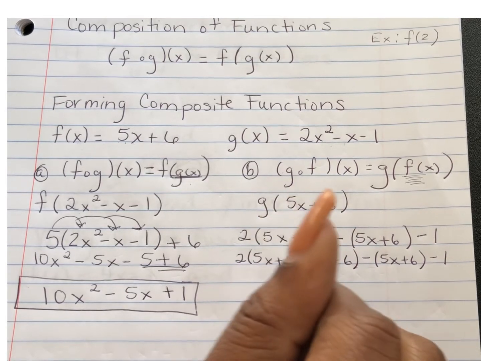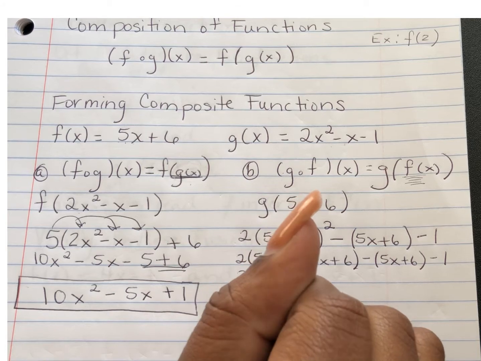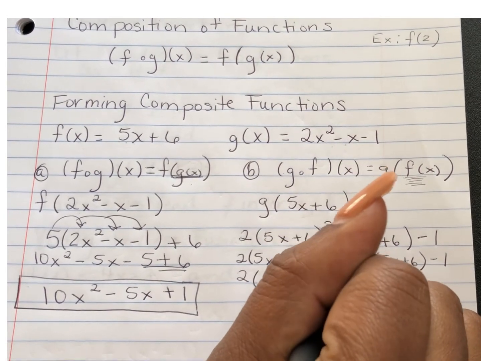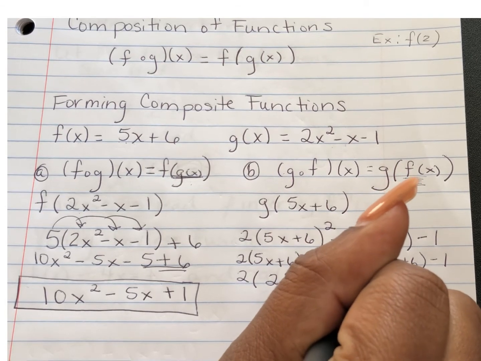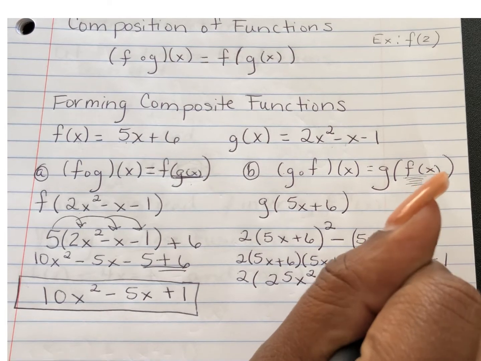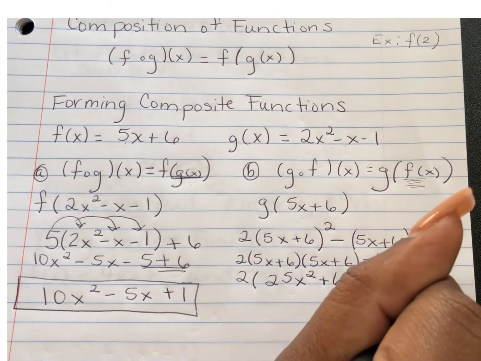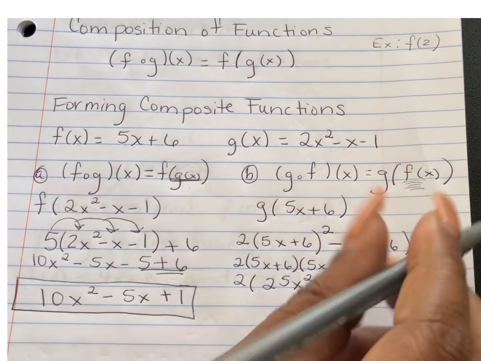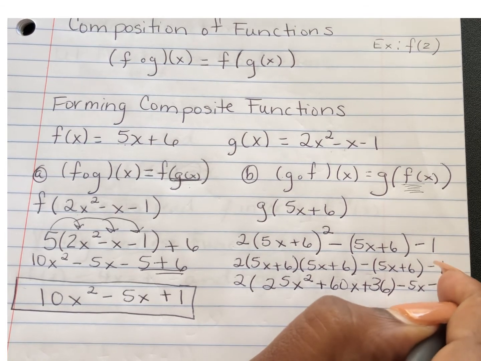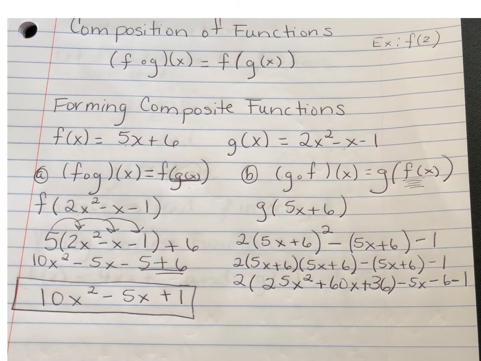When we FOIL these two out, we get 2 times 25x squared plus 60x plus 36, minus 5x, minus 6, minus 1. I know it got a little tiny on the end.